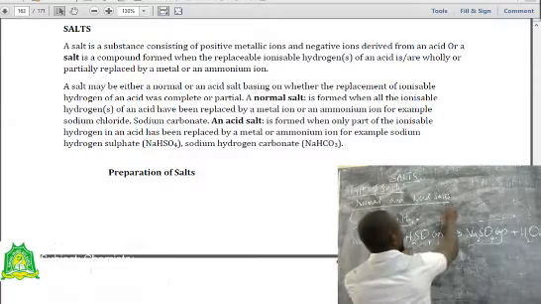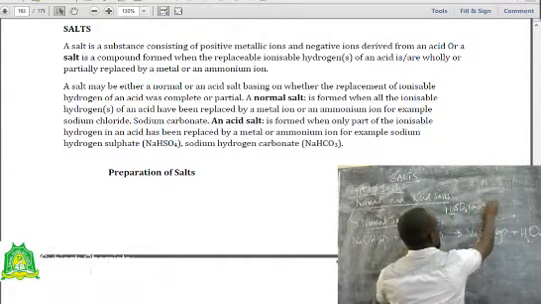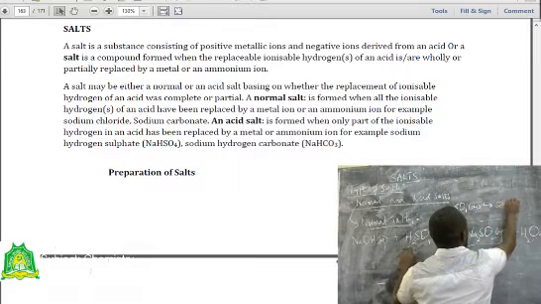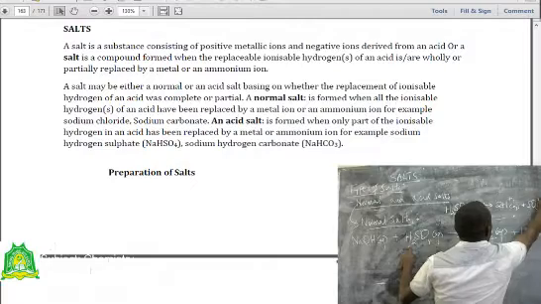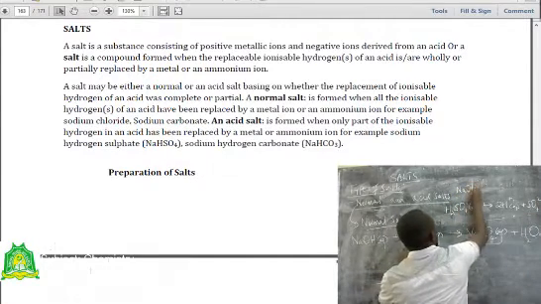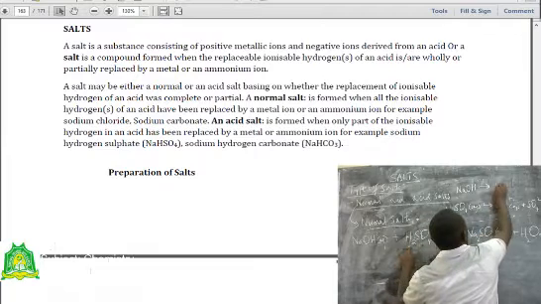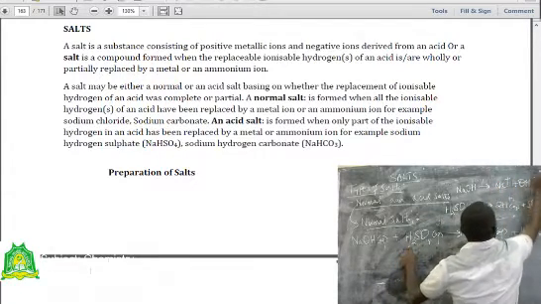Because we get it from the sulfuric acid completely ionizing to give hydrogen ions plus sulfate ions, and the sodium hydroxide also splitting to give sodium ions plus hydroxide ions.